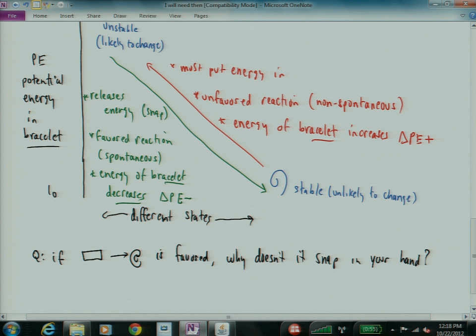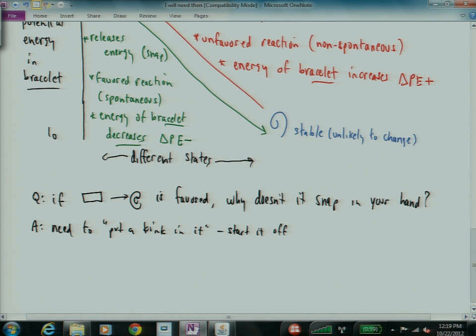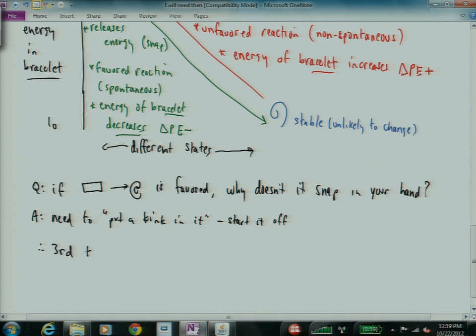So my question is the following. So you need to put a kink in it. All right, you got to start it off. So, therefore, there's a third transient state.